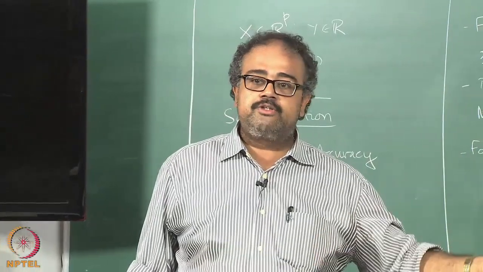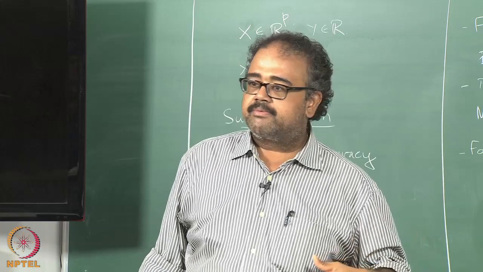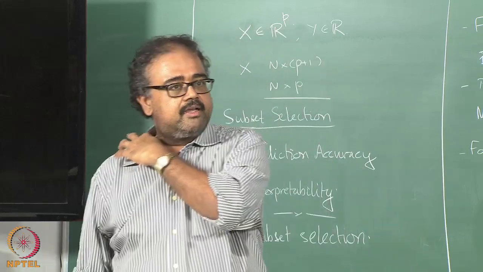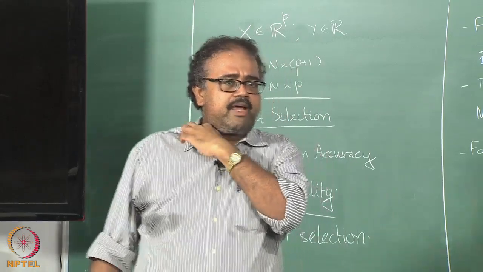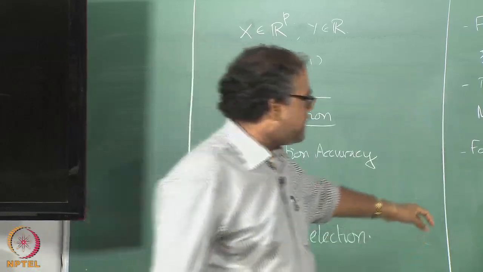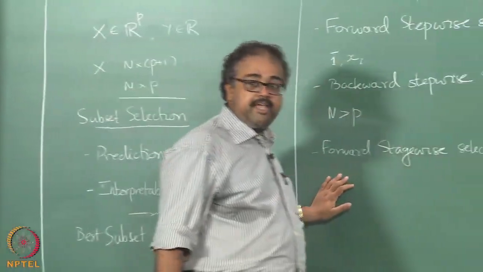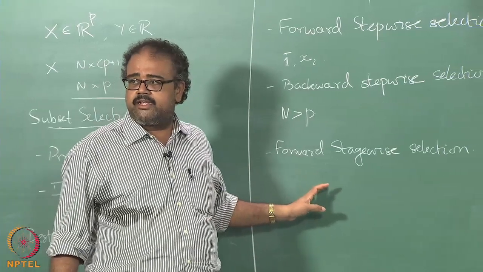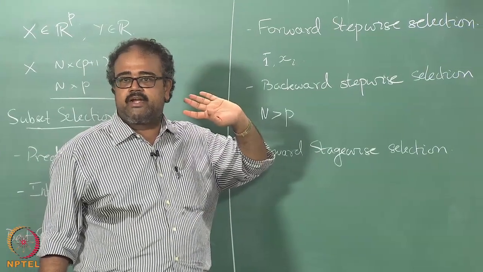I am not able to reuse the coefficients from the previous step. So when I add a new variable, I now have k plus 1 variables and I do a new regression with k plus 1 variables. But in this case, at every stage I just have to do a linear regression, I keep all the work that I have done so far intact.